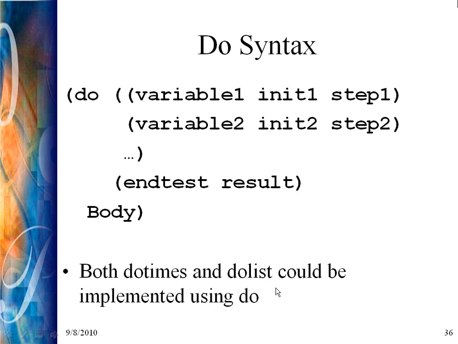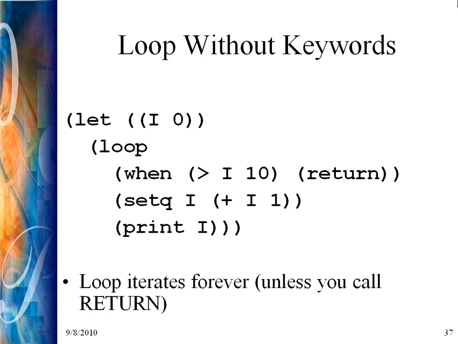Now, here is another iteration operator called loop, and loop has two formats. One is without keywords, and loop without keywords simply iterates its body forever. And generally you don't want something iterated forever.